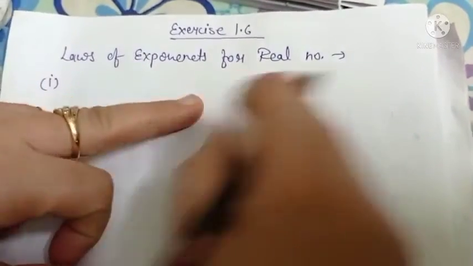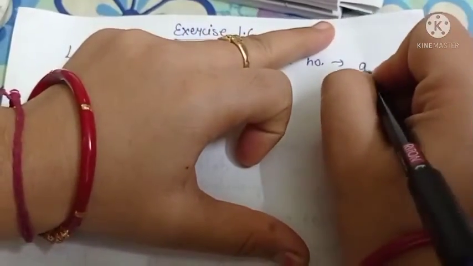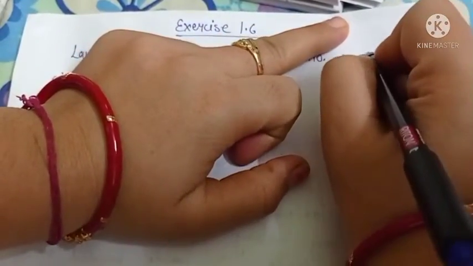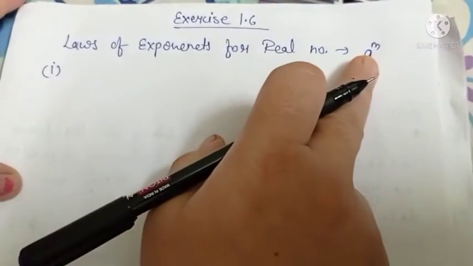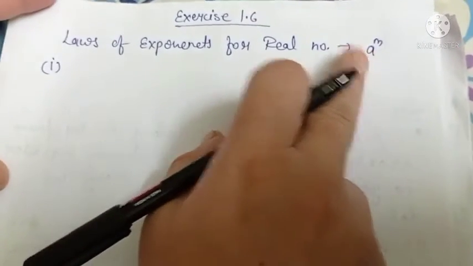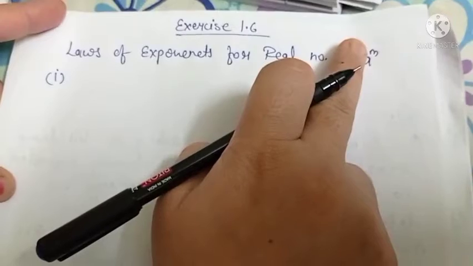In exponential form we can write like this: the base is a and its power is m. Okay, a is the base and the power is m.